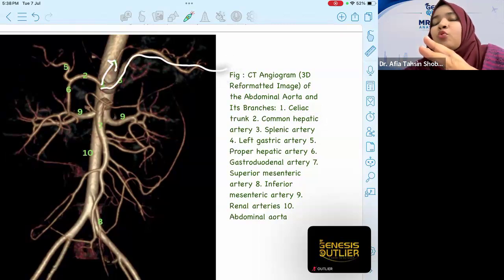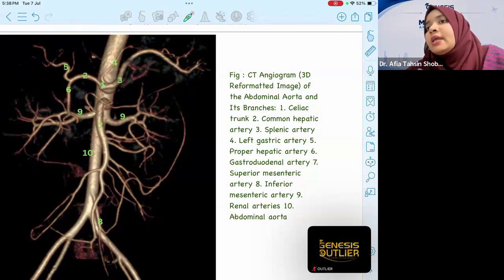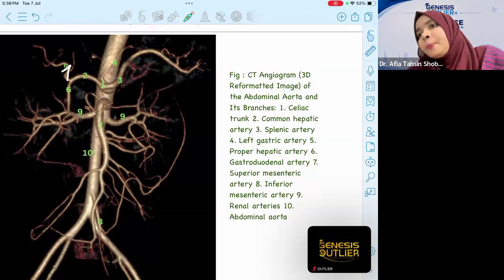It is going upward to the stomach, so it will be left gastric artery. And it is going right to the liver. Two is common hepatic artery. And common hepatic artery will branch upward. Five will be proper hepatic artery, and six will be gastroduodenal artery.